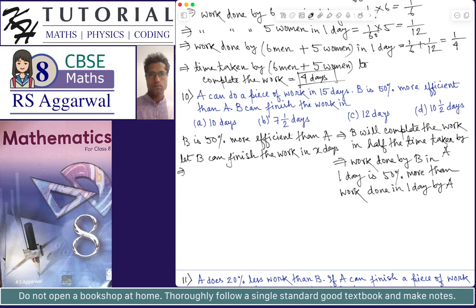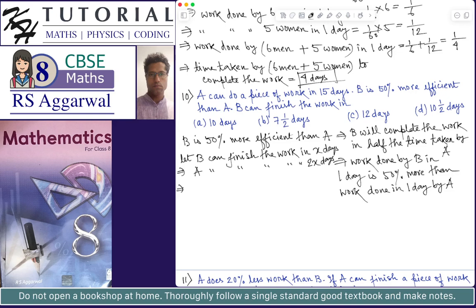So we can say A can finish the work in 2x days. Now, what is being asked is B can finish the work in. It is given that A can do a piece of work in 15 days.